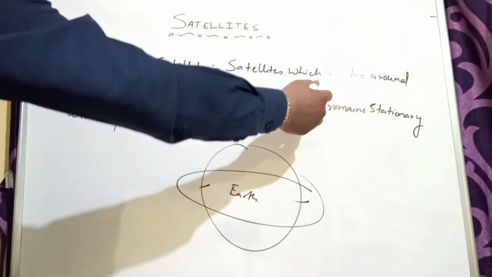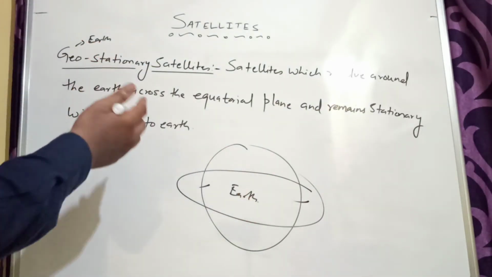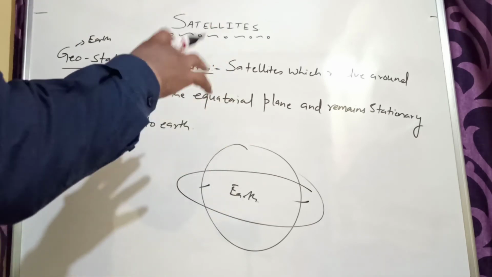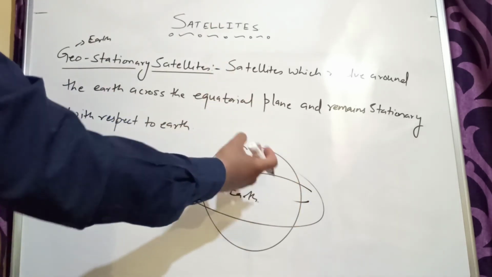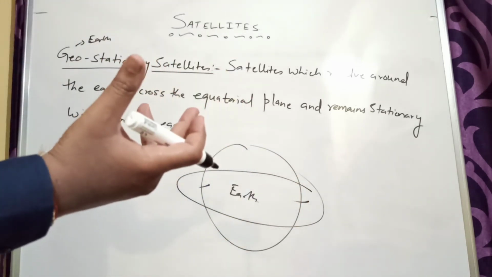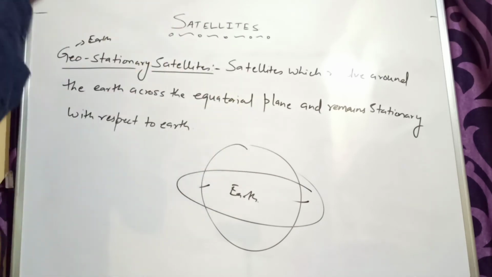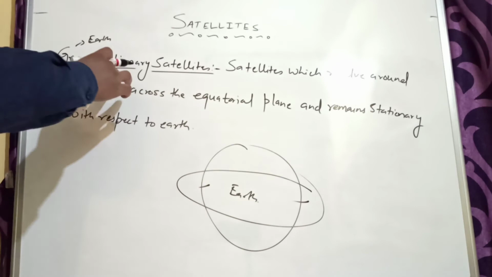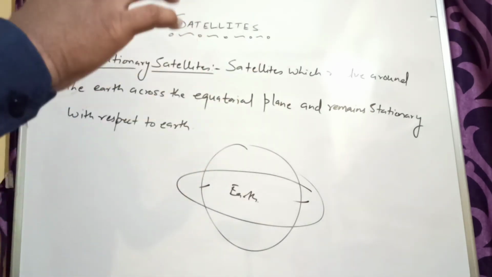So the time period of rotation of the geostationary satellite is approximately 24 hours, and Earth also 24 hours, and they both revolve in the same direction. Earth is rotating from west to east. This is also rotating from west to east with the same speed.